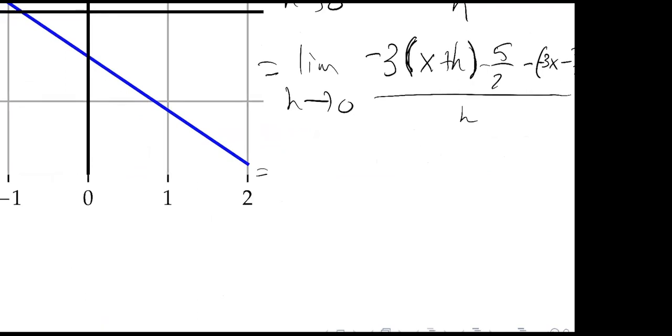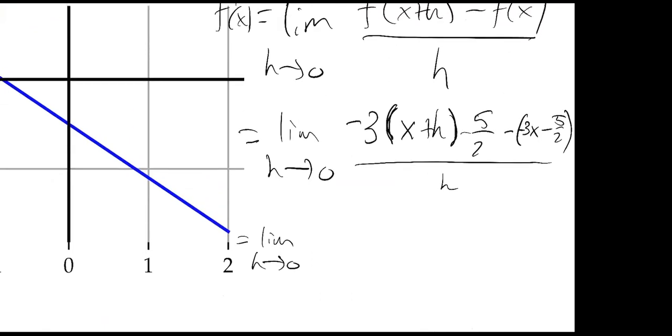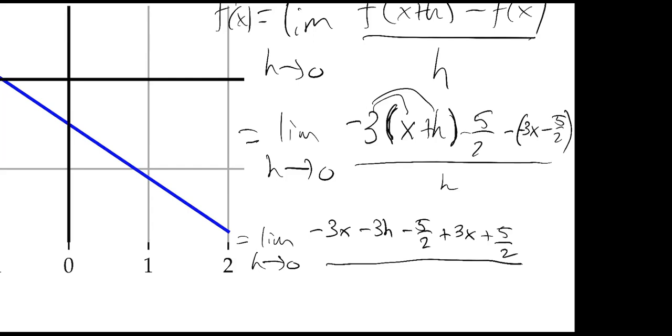This is equal to the limit as h approaches 0 of, well, I distribute this here and here, negative 3x minus 3h minus 5 halves plus 3x plus 5 halves, all over h.